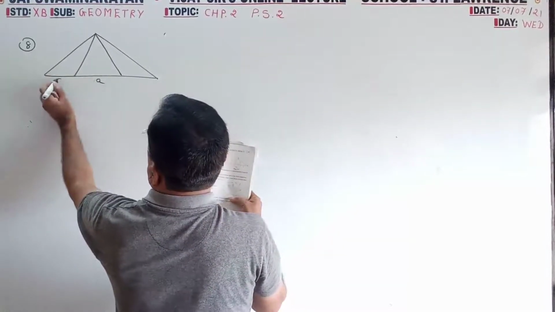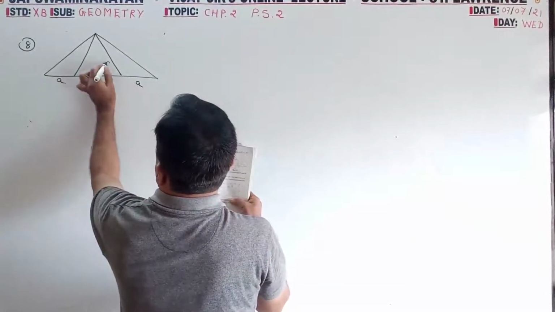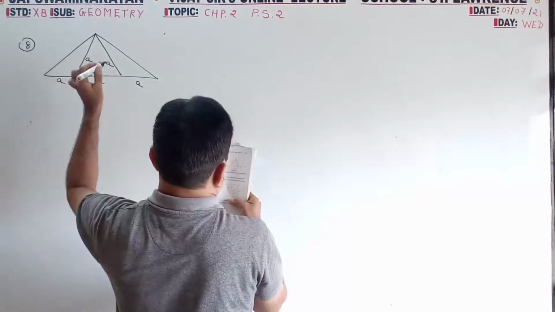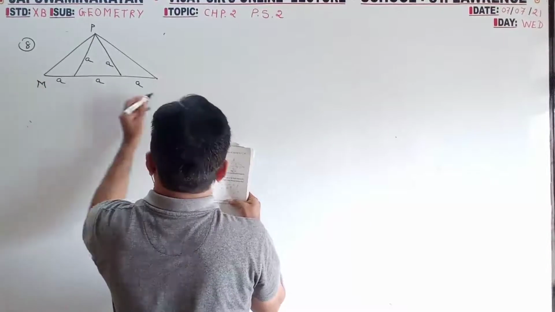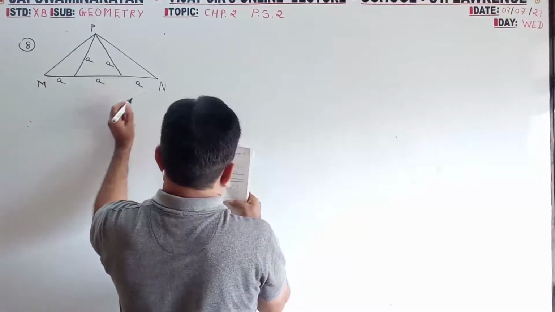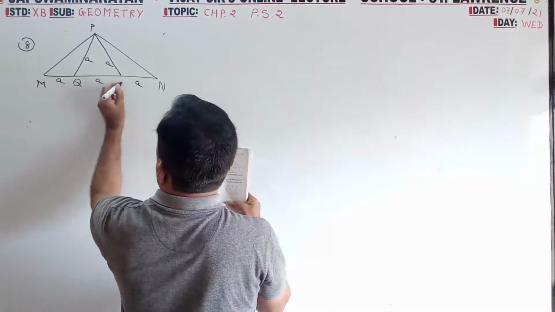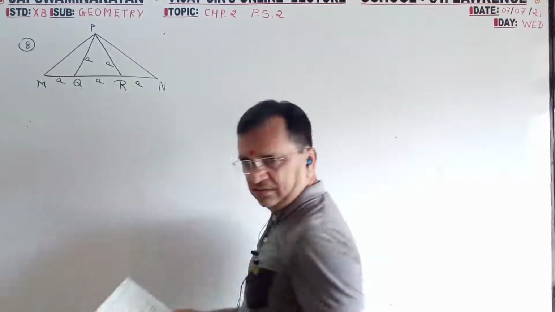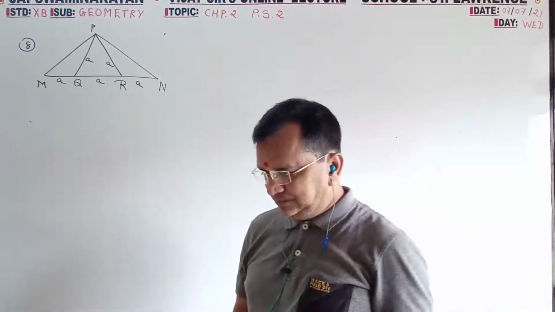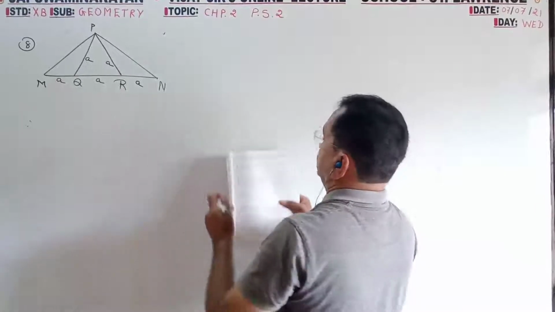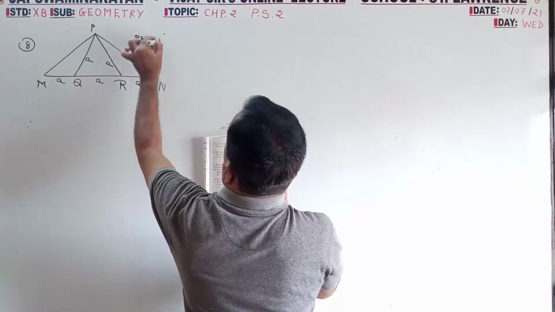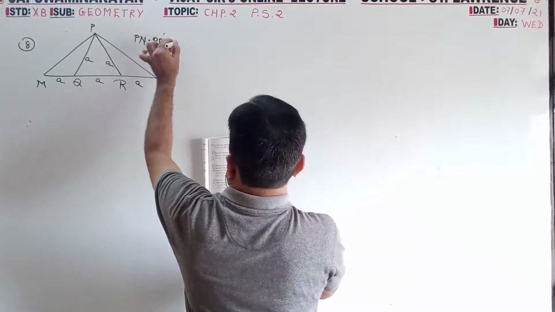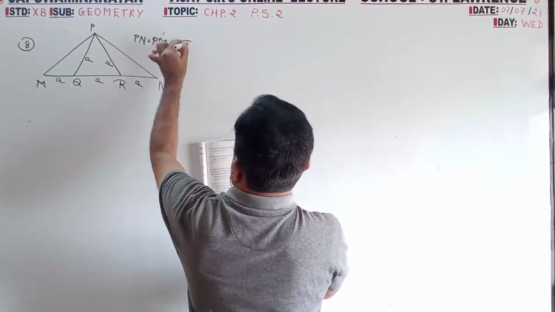This is A, this is A, this is A, this is A, and this is A. P, M, N, Q, R. To prove that PN is equal to PM, A root 3.